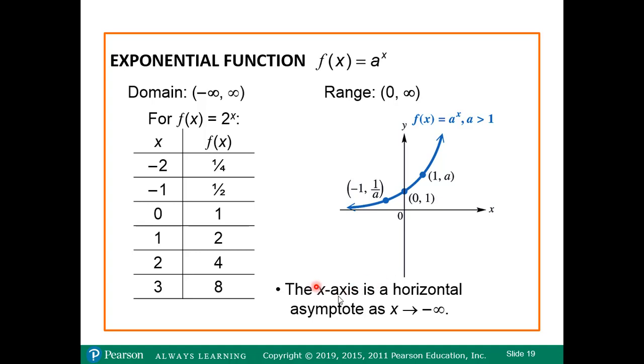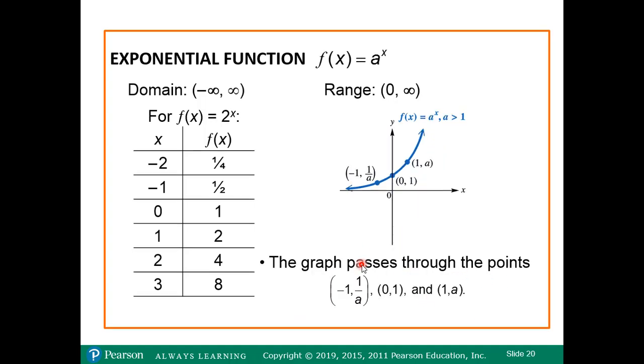And the x-axis is the horizontal asymptote as x approaches negative infinity. Okay, and those are the 3 points. So these are the 3 points that you want to remember.